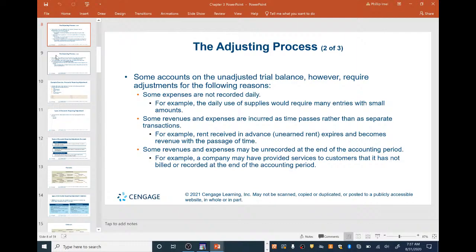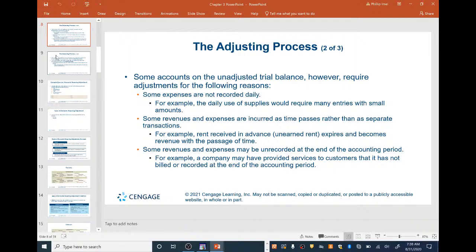Then it says here some revenues and expenses may be unrecorded at the end of the accounting period. An example of this is a company that may have provided services to customers that has not billed or recorded at the end of the accounting period. So once again, let's refer back to the example of an electrician. Say he made about 4 or 5 service calls in the month of January.